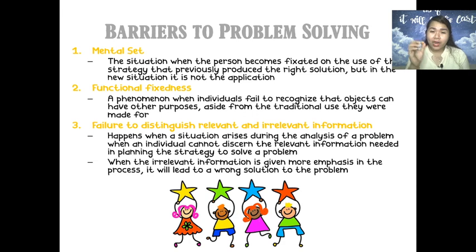Knowing na yung hairpin is just pang hair lang siya talaga, kapag nakita mo siya na hindi nagagamit or hindi mo to pwedeng gamitin sa pintuan kasi pang buhok lang to. So that is what you call functional fixedness. Unable to see other objects as a possible solution in solving the problem.